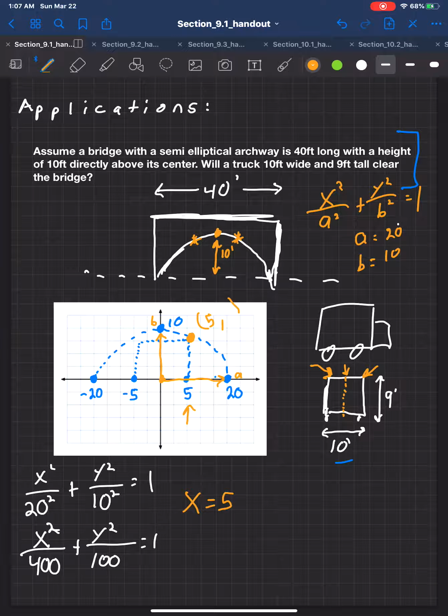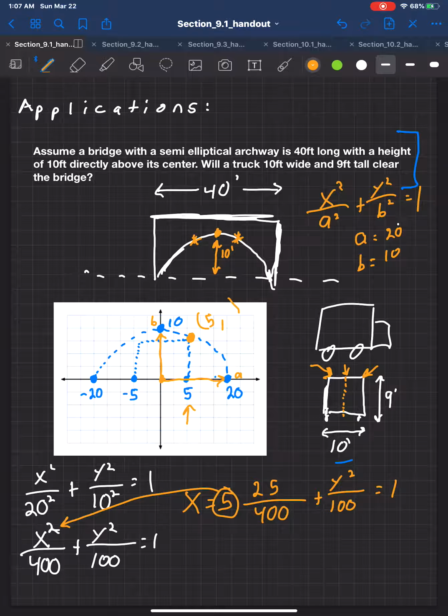That's how this is going to work. In actuality, I'm going to plug 5 in for x right now. So that leaves me with 5 squared is 25 over 400 plus y squared over 100, and that's equal to 1. And listen, all I've got to do is solve this for y, okay?